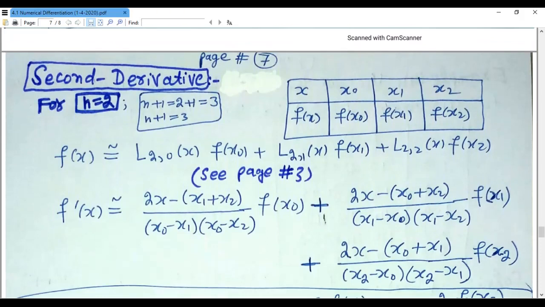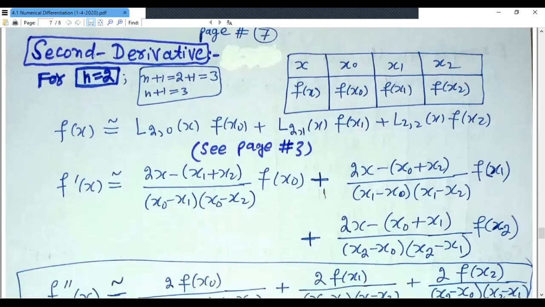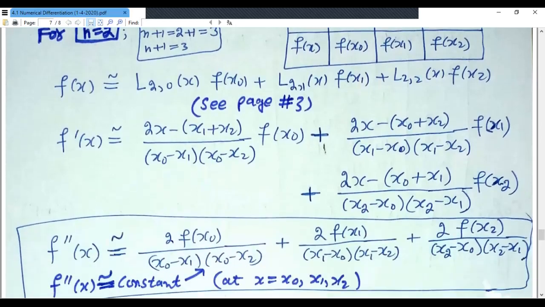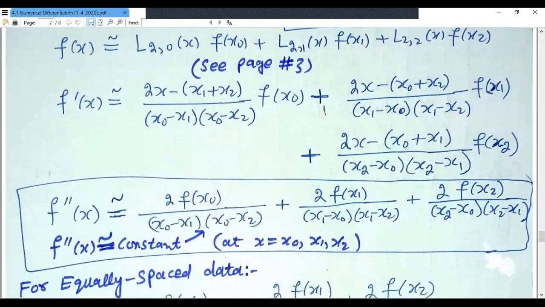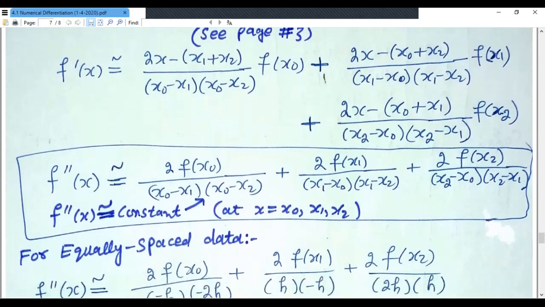So in this case, the given data are x0, x1, x2 along with their function values, and the second degree Lagrange polynomial. As on page number 3 we have done this, and f dash is this. So let us find its second derivative.